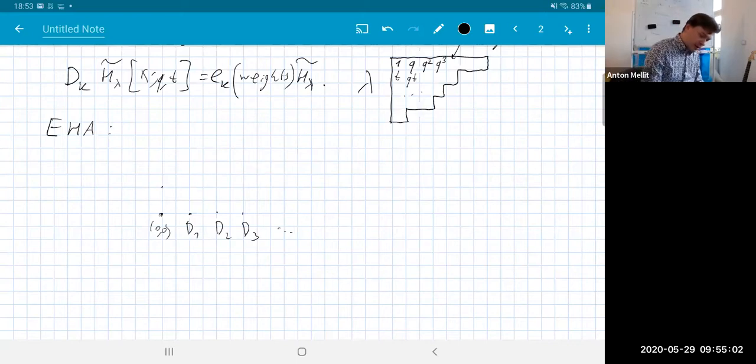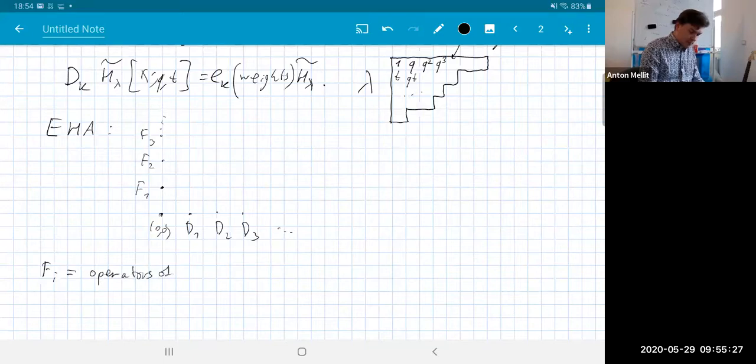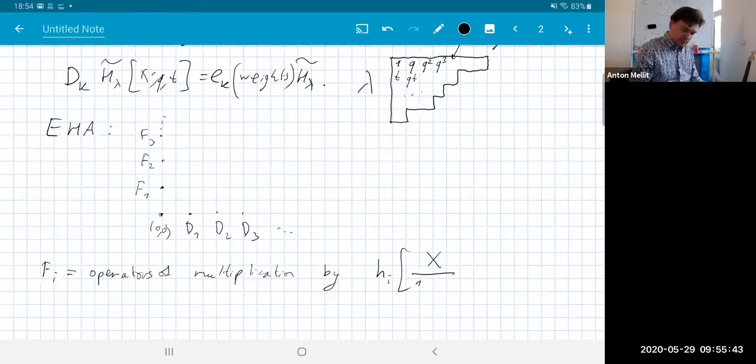And then I draw here some other operators, where D_i I already mentioned, but the f_i's are operators of multiplication by a certain generating set of symmetric functions.